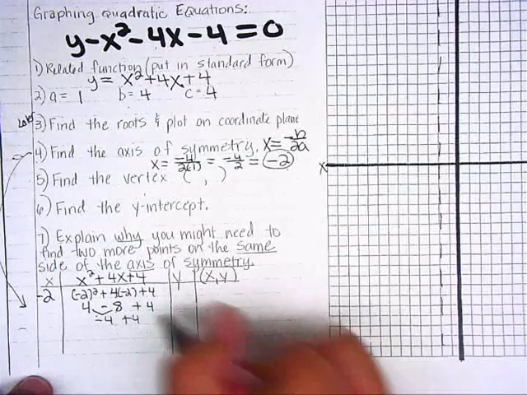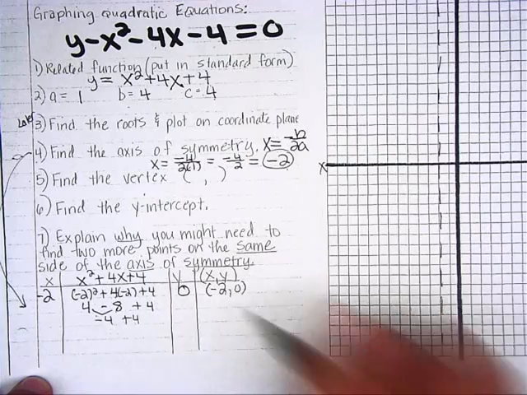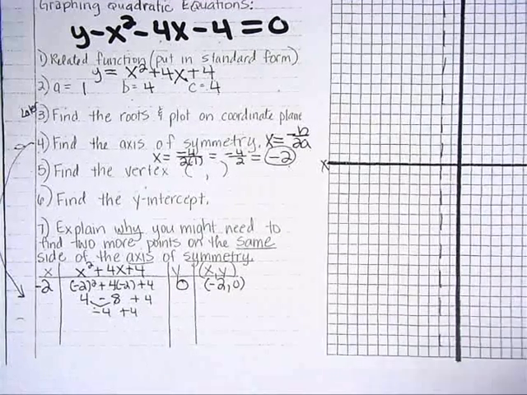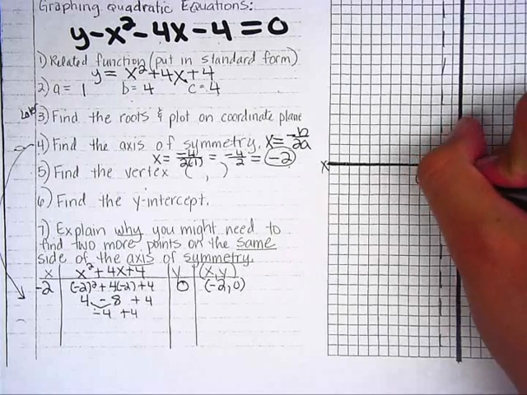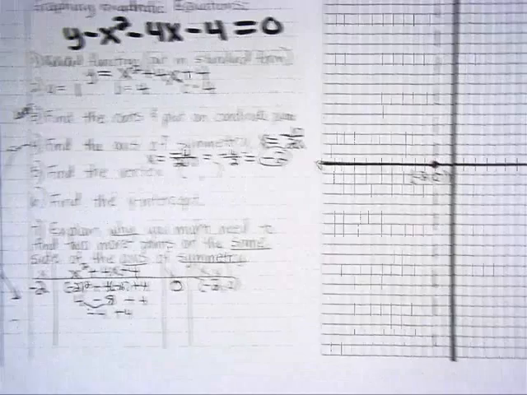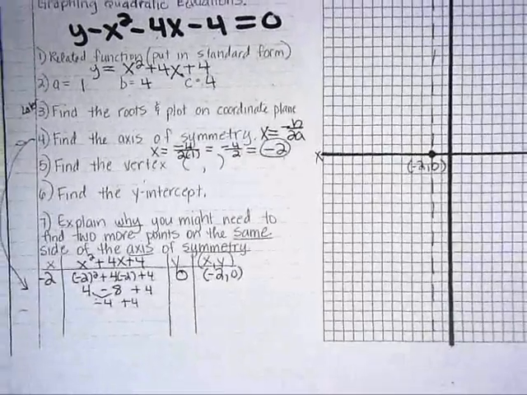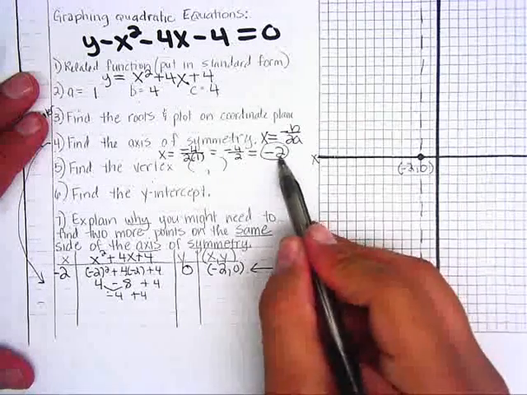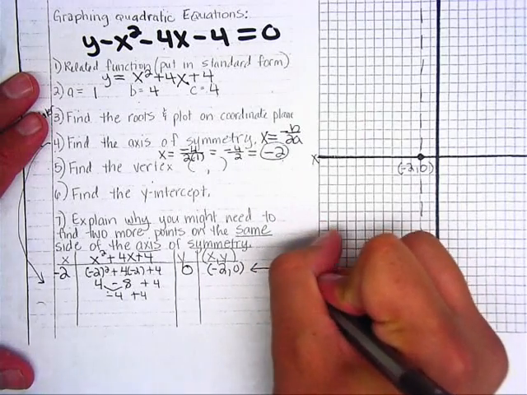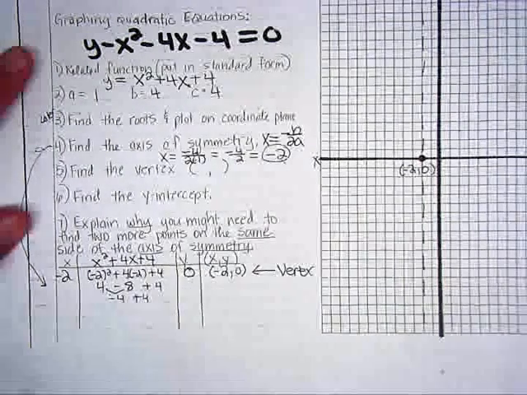Negative 4 plus 4 is equal to 0. So my first point is at negative 2, comma 0. I graph that right here and label my point. The first point on my graph, if I start with the axis of symmetry, is the vertex. Remember that. We're going to come back and answer a question about it later.